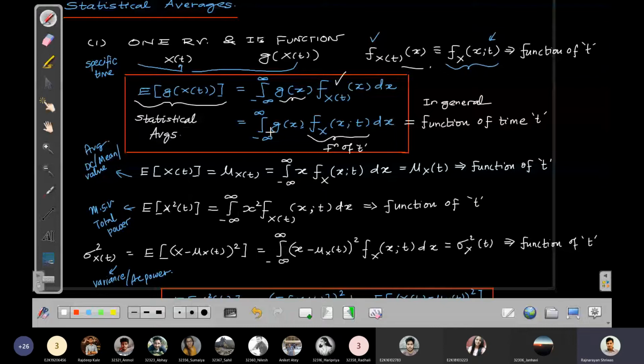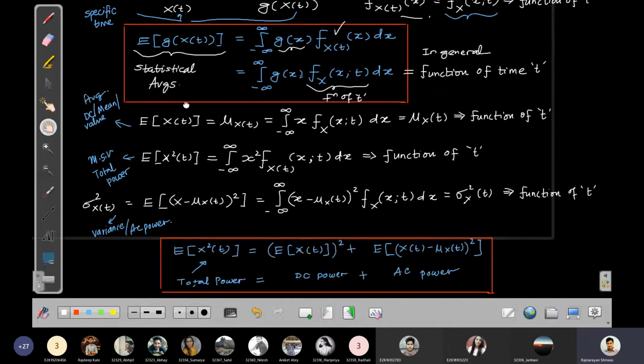But in a random process, you calculate the statistical averages at a particular time, then fix another time and find the other statistical averages, and you will find that the statistical averages at t1 are not the same as at t equal to t2. That is the meaning of dependency on time.